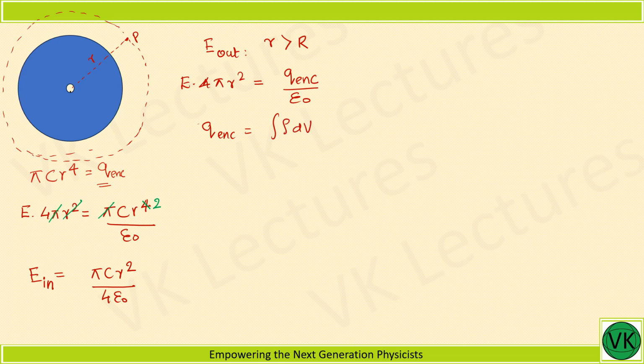Since we are finding the electric field outside, we have to consider the body limits 0 to capital R, or whatever body limits we have. So that's equal to integral rho is C r, r squared dr sine theta d theta d phi.